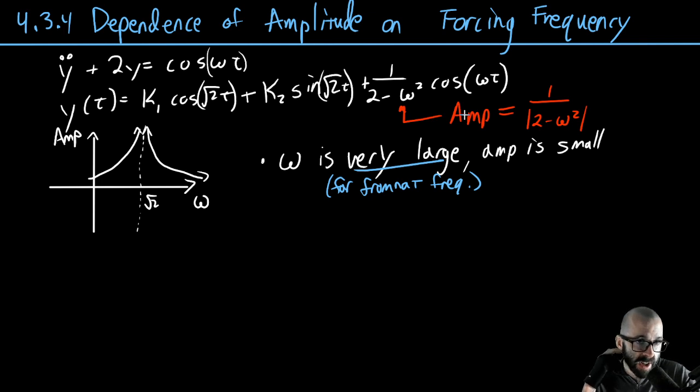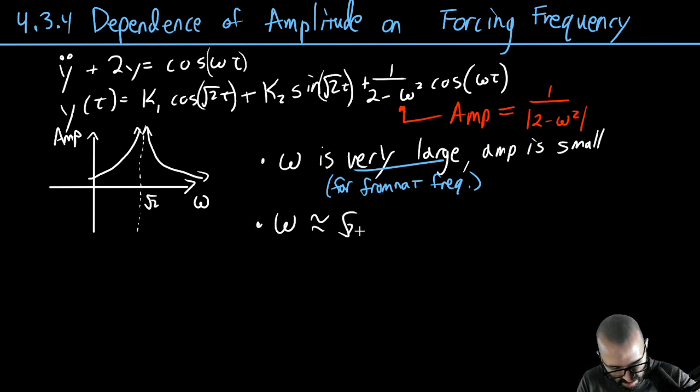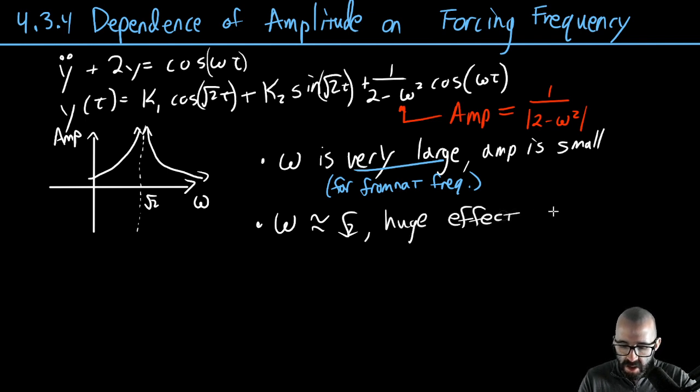And so that's quite interesting, that the effect on the solution depends way more on the frequency, what it is relative to the natural frequency. Similarly, if omega is close to the square root of 2, then there is a huge effect on the natural response.